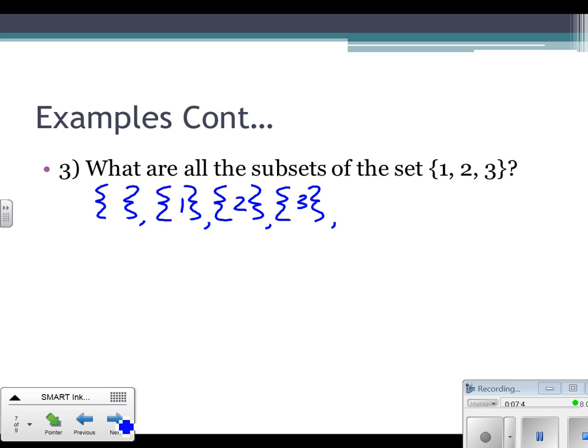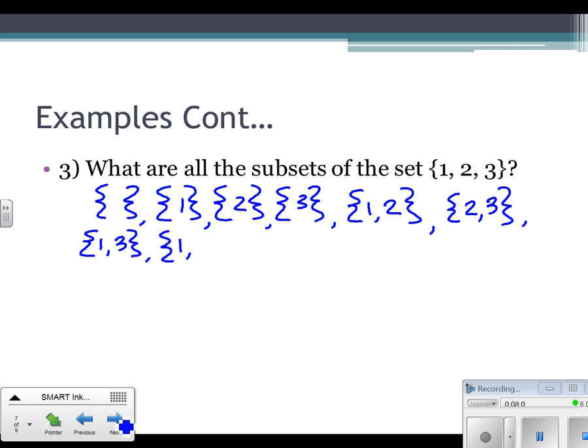You could have 1, 2 as a subset. You could have 2, 3. You could have 1, 3. You could also have 1, 2, 3. That's also defined as a subset.